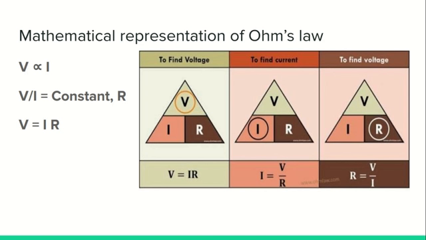Here we are introducing the constant R. So V by I becomes R. That is, if you bring I to the left hand side, you can write it as V by I, and it is the proportionality symbol. While removing it, you get a constant R. So it becomes V by I is equal to R, and when you rearrange the equation, you get V is equal to IR.